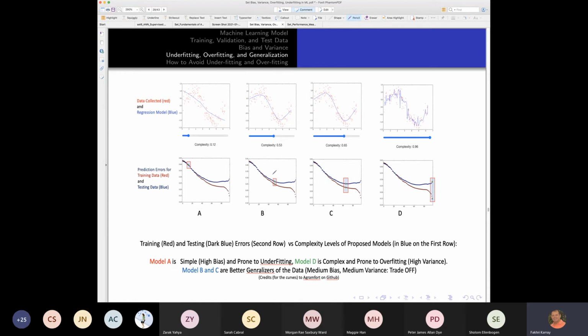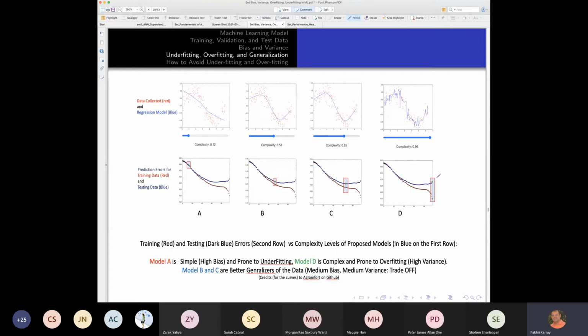Here the errors are smaller for the testing and the training. Here we have a model that is a little bit more complex, and see the error. We went further down on the error. It has become smaller for the training, and also smaller for the testing. This is an excellent behavior.